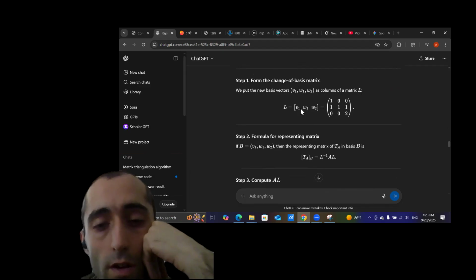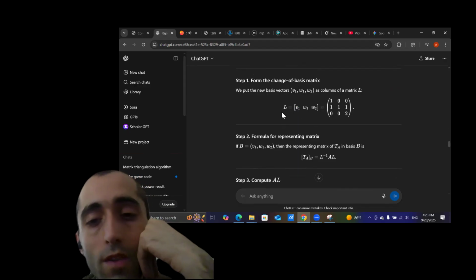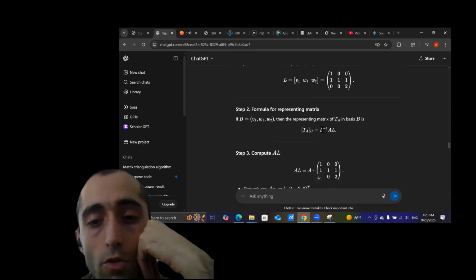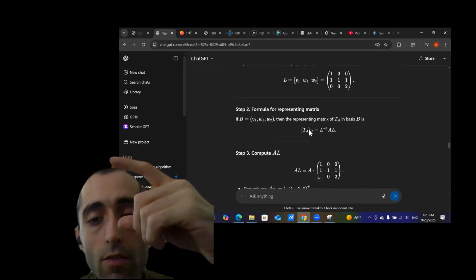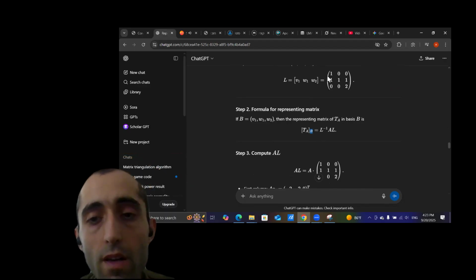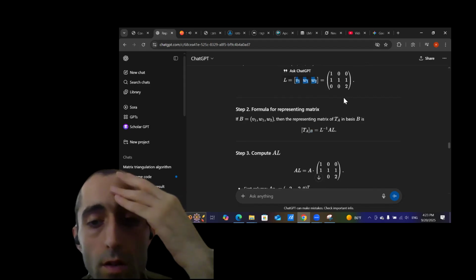You can also do another thing. You can take each vector of the base and put it as columns, as you can see right over here. Let's call this matrix L. Now, in order to change the base, you take L to the -1, A, L, you do this multiplication, and you get the transformation in the new base, the base whose vectors are the columns of L: V1, W1, W2.